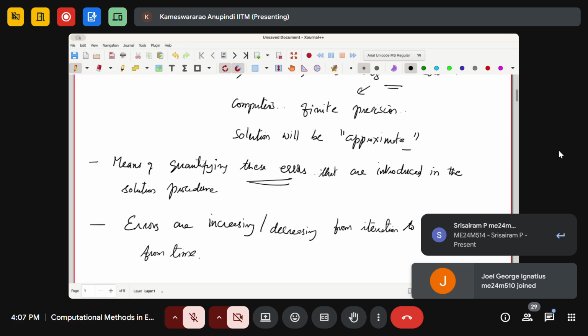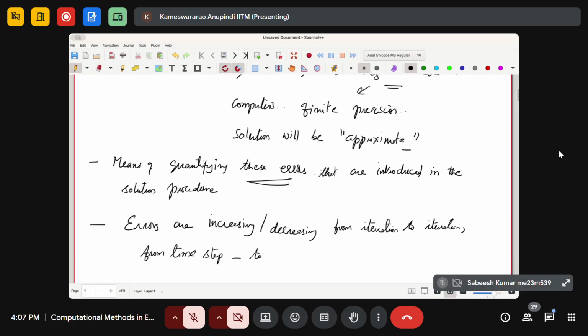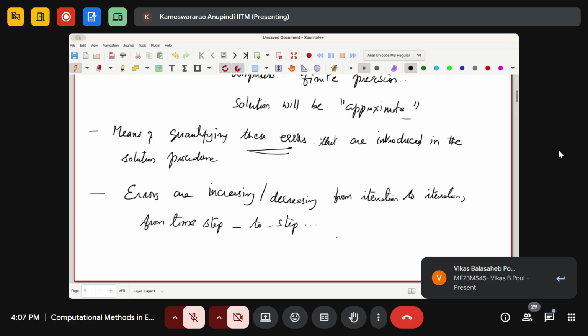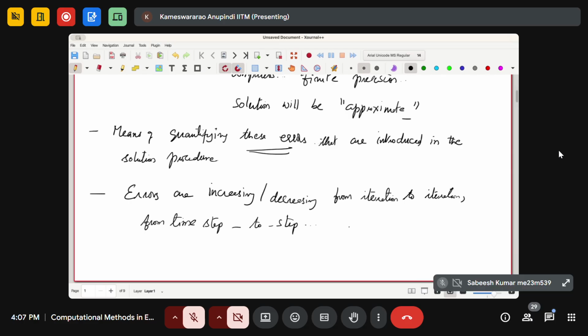That means if we have some unsteady problem, from time step to next time step, we should know whether these errors are actually increasing or decreasing, so that we can comment upon whether our solution is going to converge or not, right? Okay, so that's what we will be able to comment on.